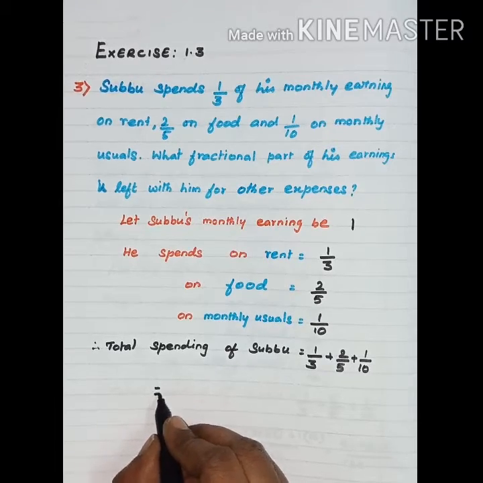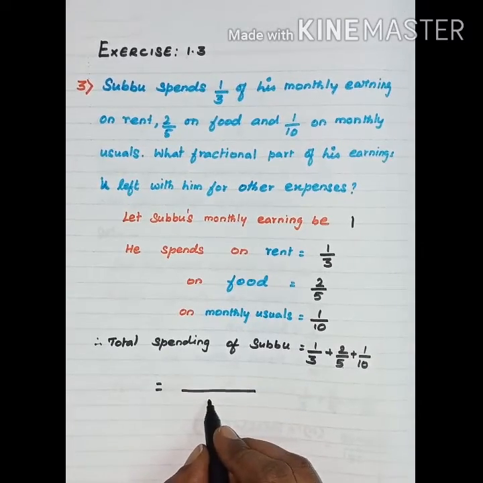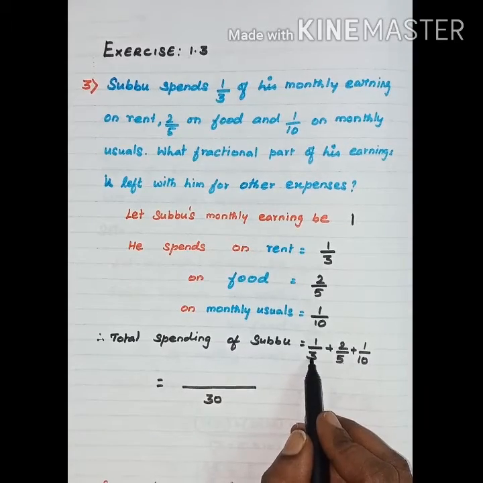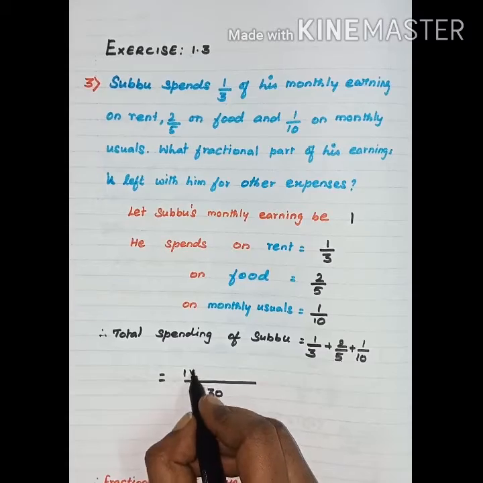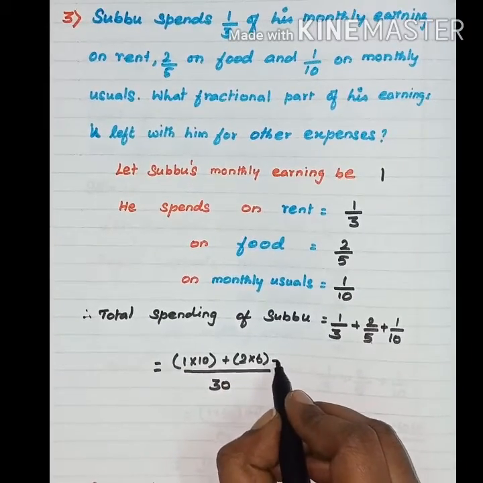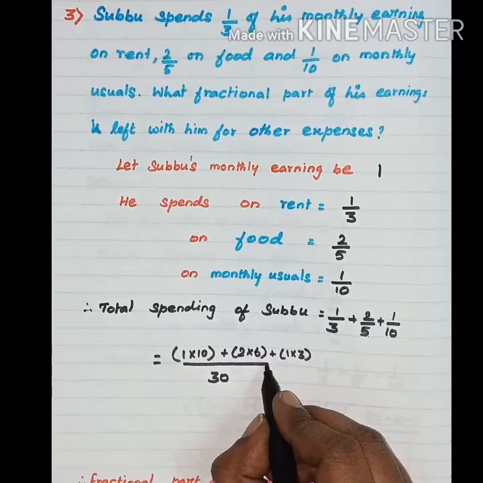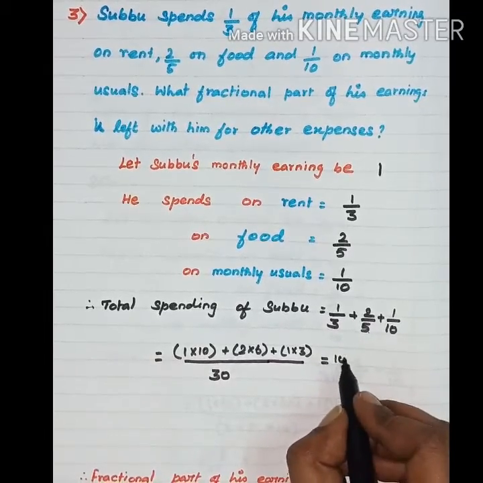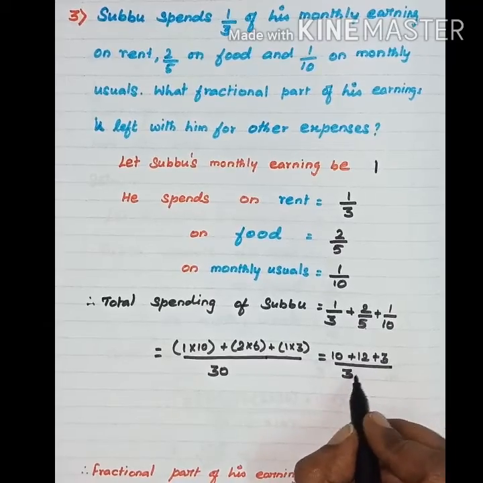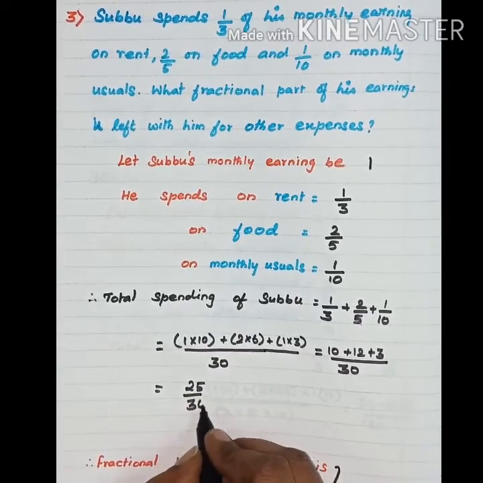Let us take the LCM for 3, 5 and 10. We will take 30 as the LCM. 3 times 10 is 30, so 1 into 10, plus 2 into 6, plus 10 times 3 is 30, so we multiply 1 by 3. 1 tens are 10, 2 sixes are 12, plus 1 threes are 3, by 30. 10 plus 12 plus 3 is 25, so 25 by 30.